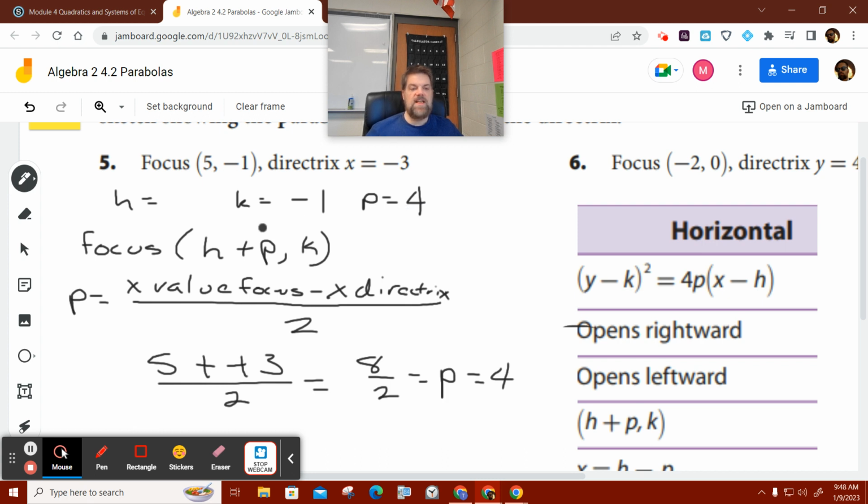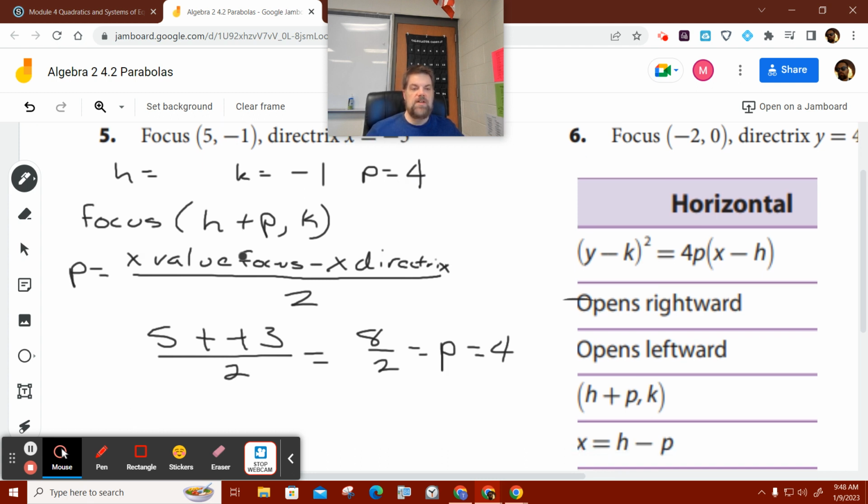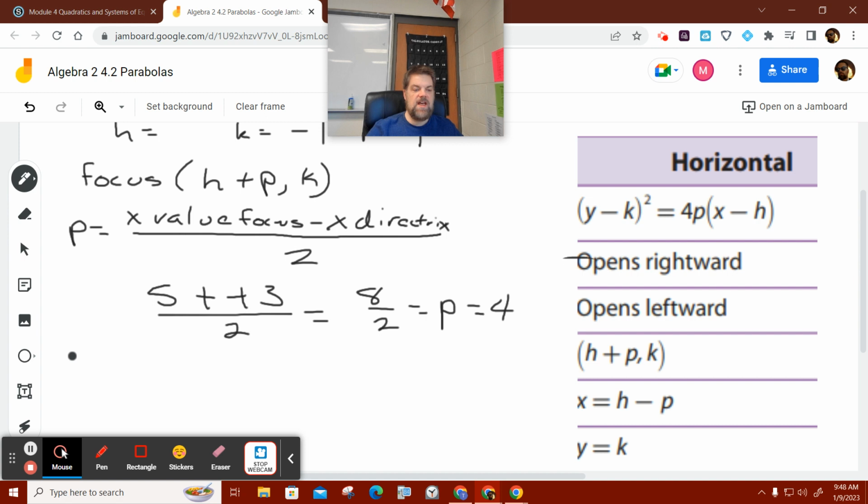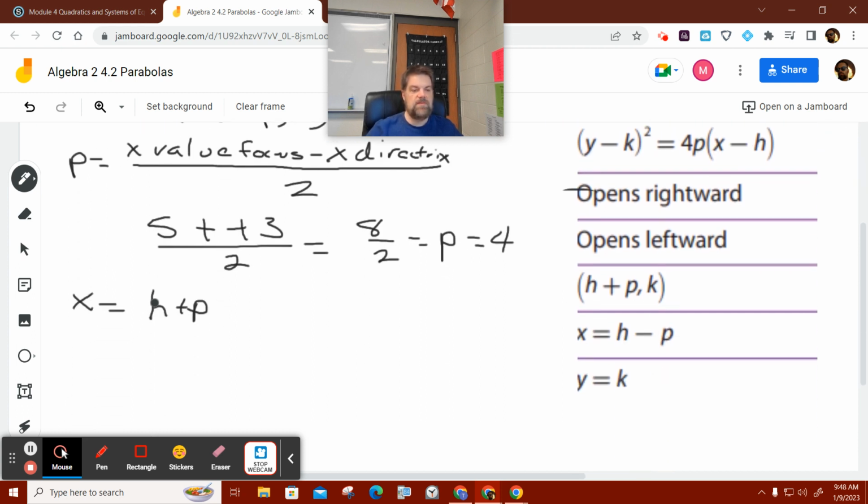Okay? Now to find h, I know that the x value of the focus is equal to h plus p. What's the x value of the focus? 5.